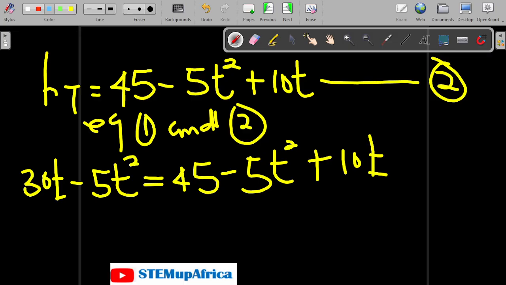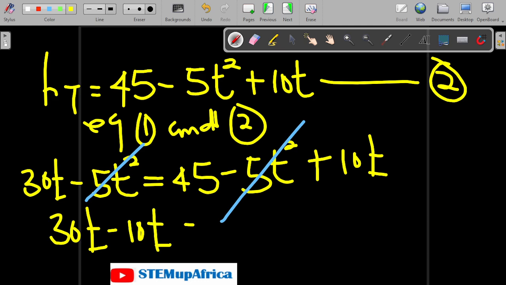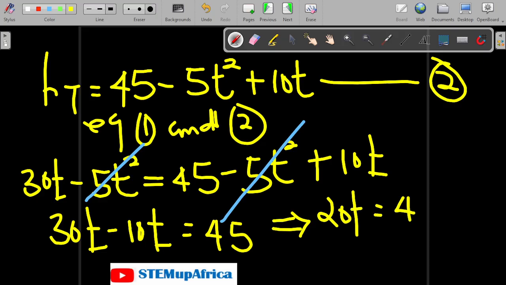You agree with me, minus 5t squared can remove 5t squared. From here, I will collect like terms. So I have 30t minus 10t is equal to 45. It implies 20t is equal to 45. My t is simply 45 divided by 20.